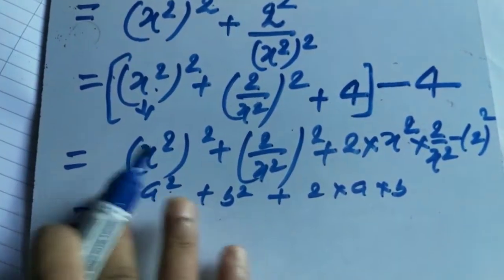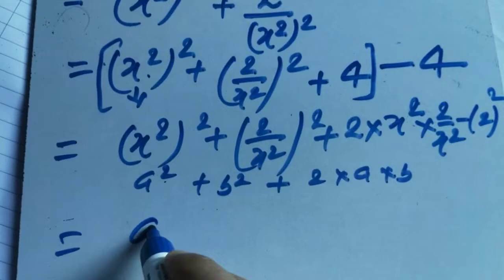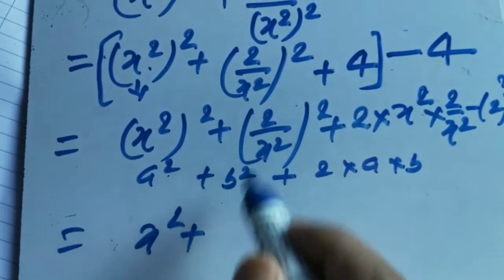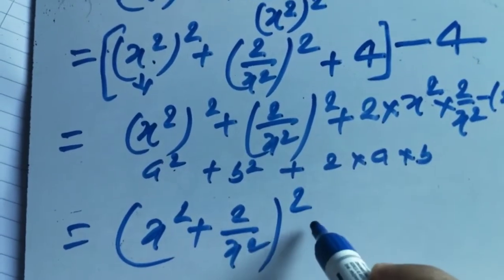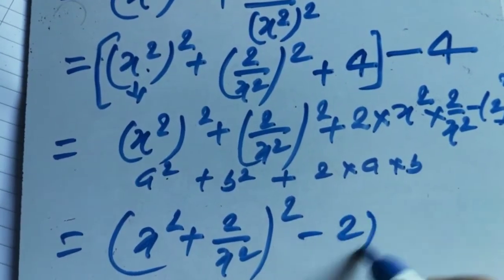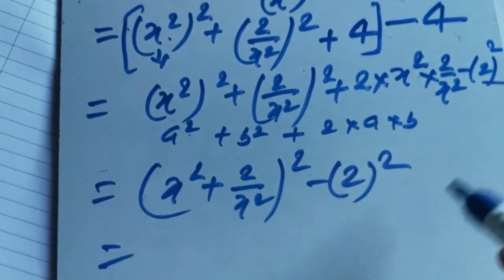So at the place of a you have to write x square, at the place of b you have to write 2 upon x square the whole square, and this is minus 2 the whole square. Now it is based on a square minus b square.